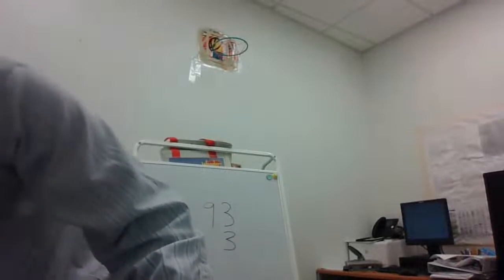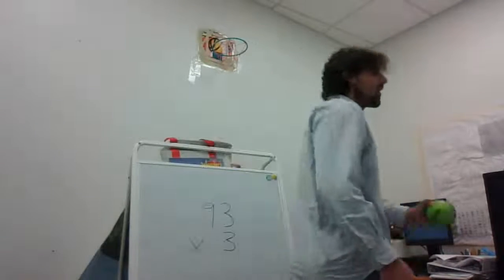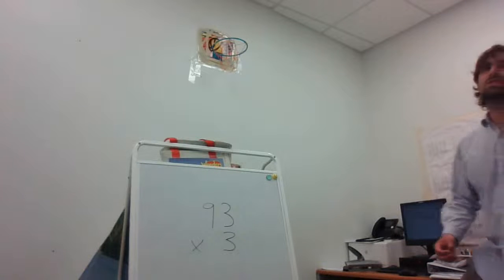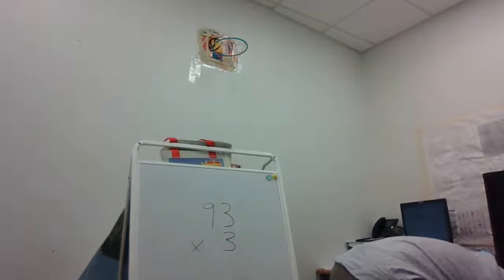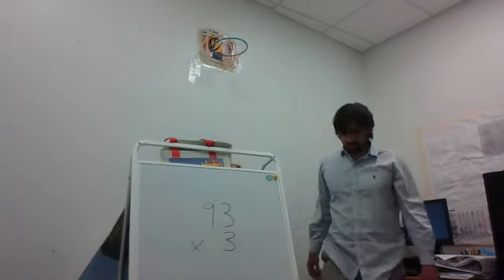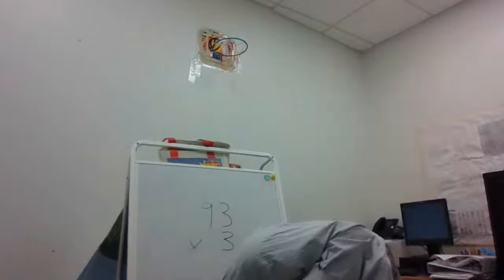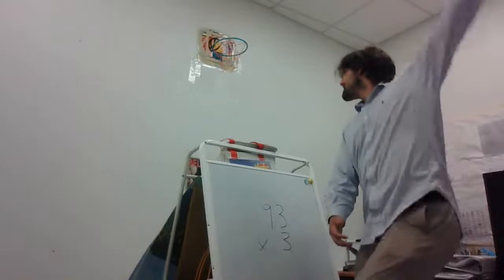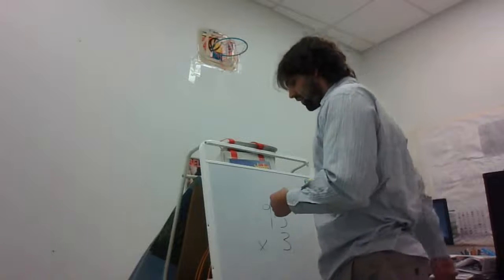Three dunks in a row. I'm still finding a way to score. I'm still finding a way to make shots, even though I don't have the touch right now, even though my shot's not falling. Four dunks in a row. There we go. Finally, hook falls.